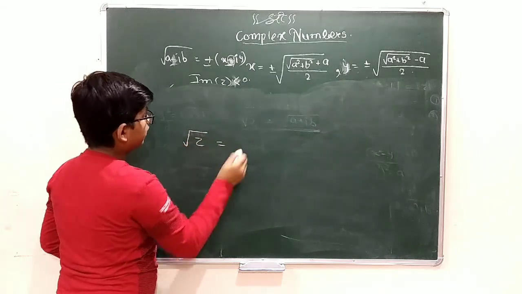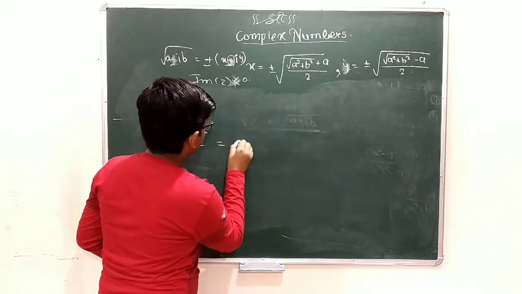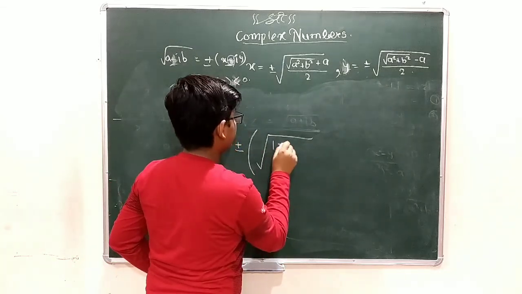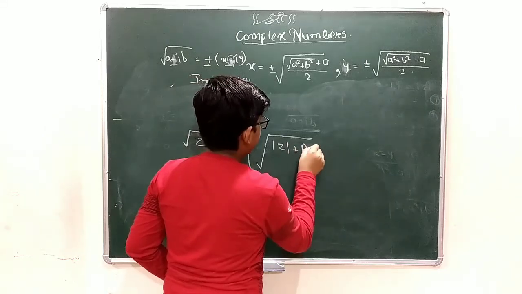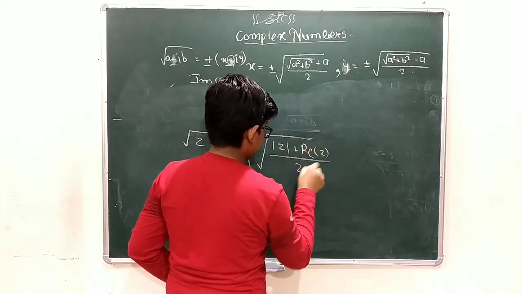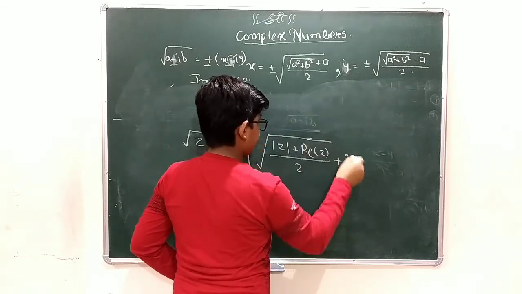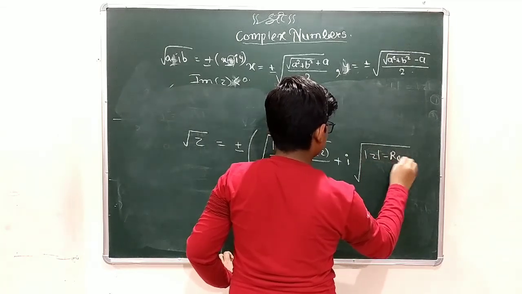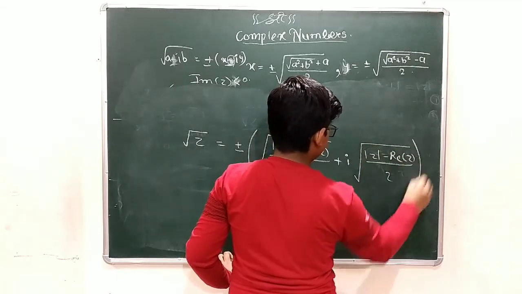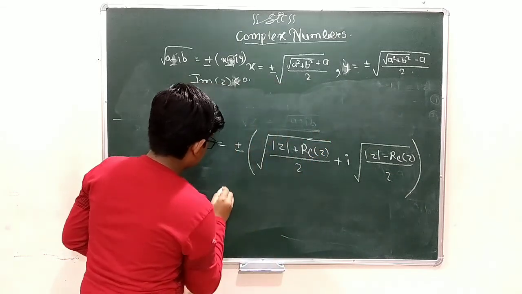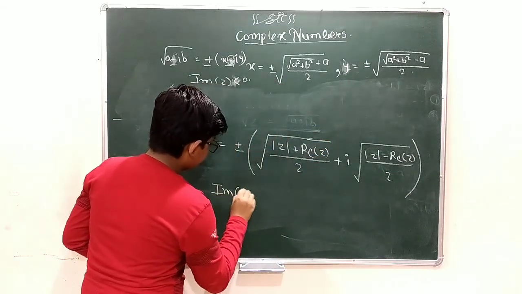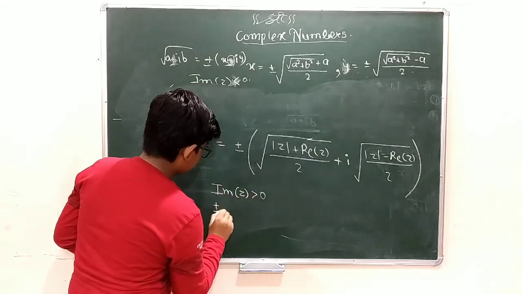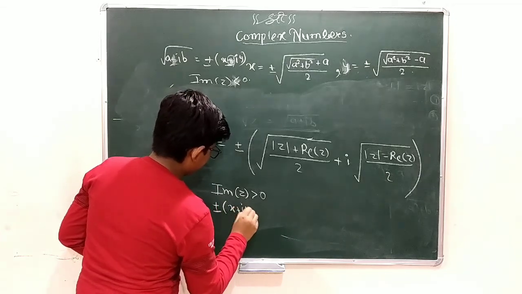Root of z is equal to plus or minus, in bracket, square root of (mod of z plus real part of z) upon 2, plus i into square root of (mod z minus real part of z) upon 2, and the condition is that if the imaginary part of z is positive, then the answer obtained will be plus or minus (x plus iy).